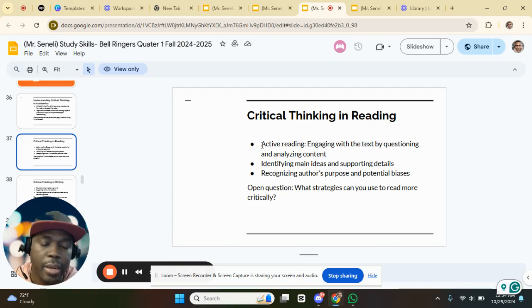Identify main ideas is one of the things that I like to do, and also look for clues to support whatever idea. That's what we call supporting details. Mainly, what you want to do is to identify or recognize the purpose behind what the author is trying to tell you, right?